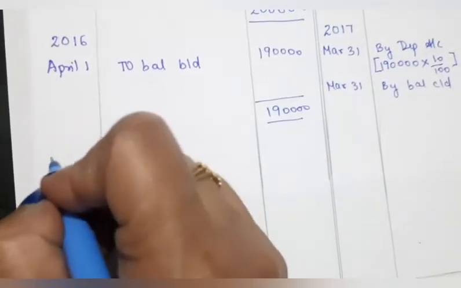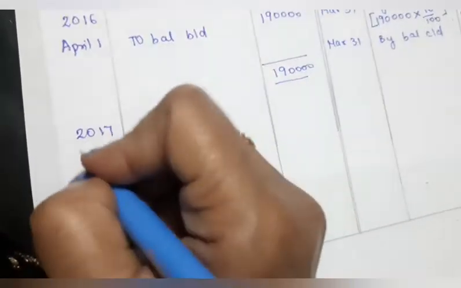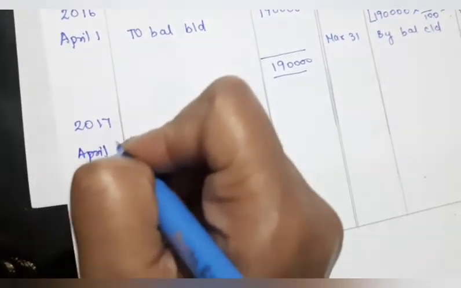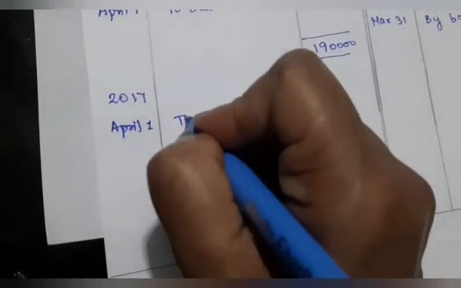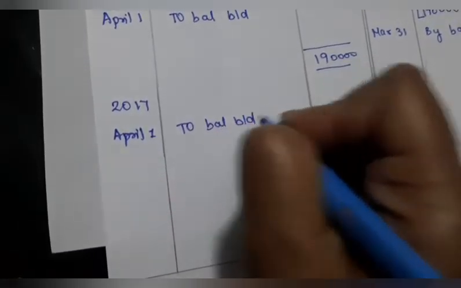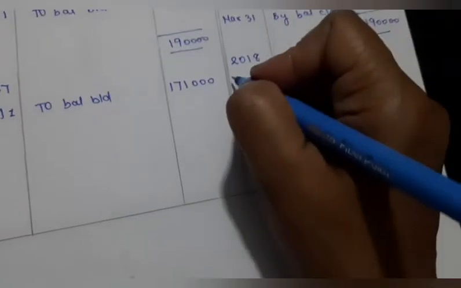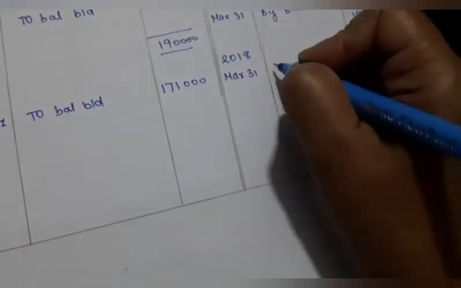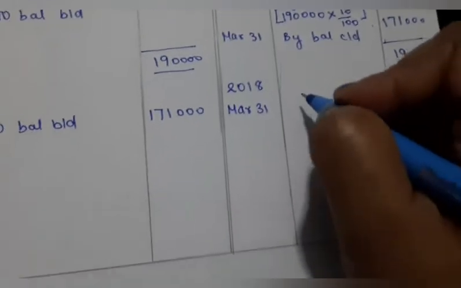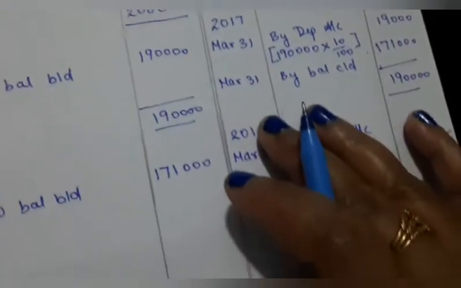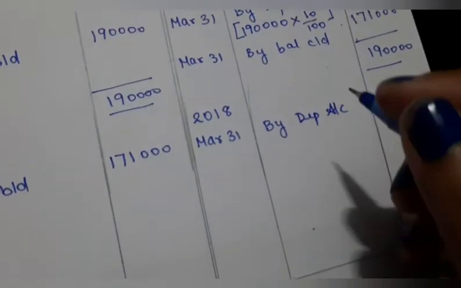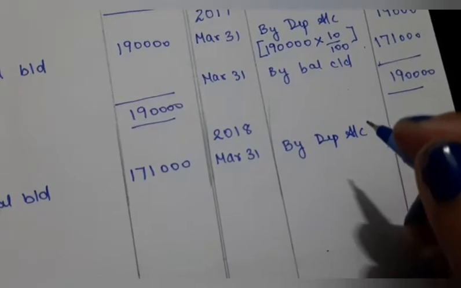Okay, now to the next new financial year, that is 2017, April 1. We will write here to balance brought down 1,71,000. Again on 2018, March 31st, write down by depreciation account.